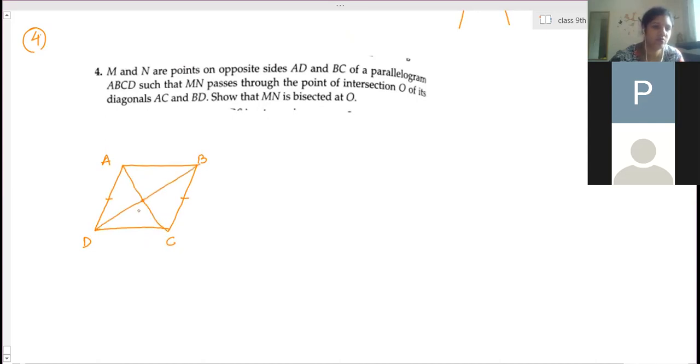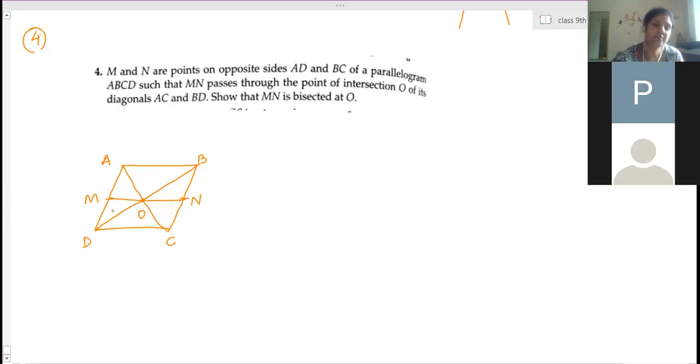So here is the point O. MN passes through it. Show that MN is bisected at O. That means MO is equal to ON, you have to prove. M and N are not midpoints. How to prove?